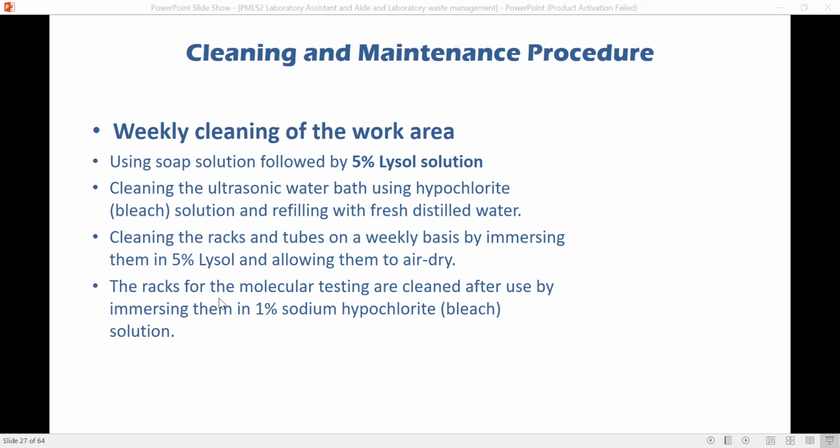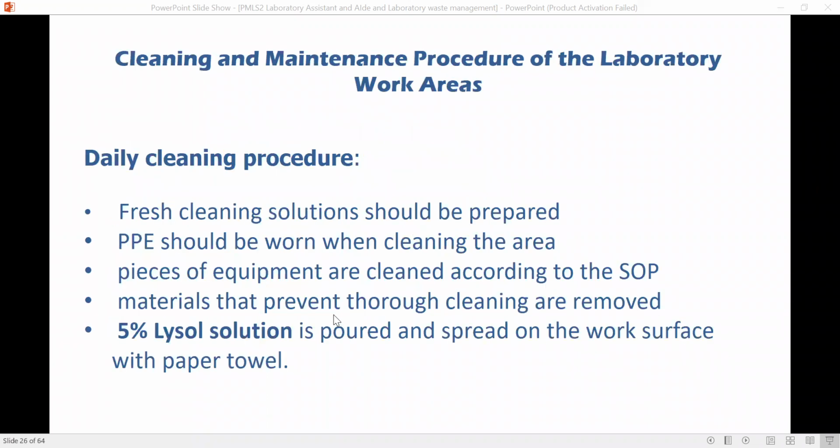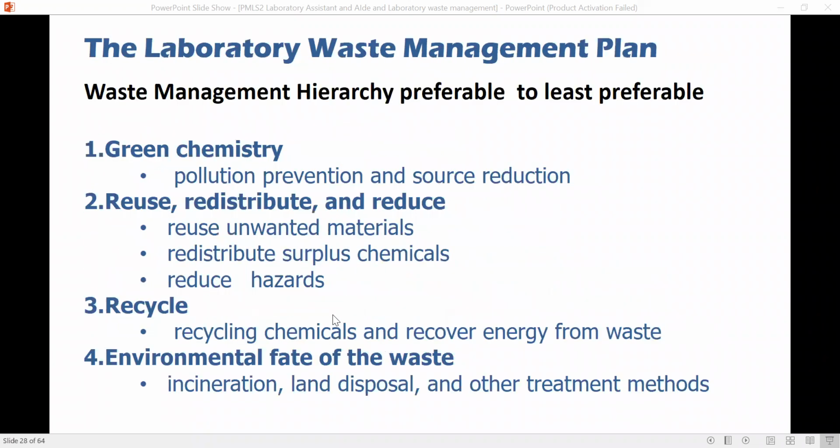The racks in molecular testing are cleaned after use by immersing them in 1% hypochlorite solution. So those are the cleaning procedures, and we are done with the cleaning.